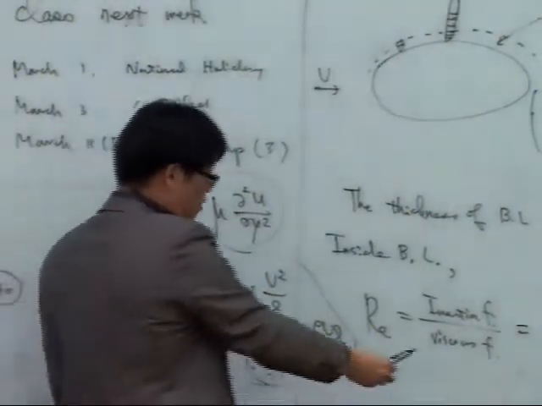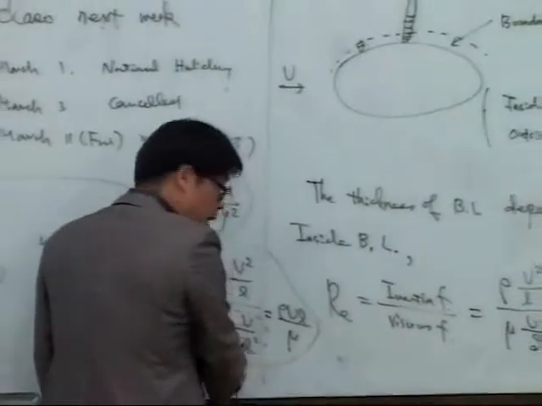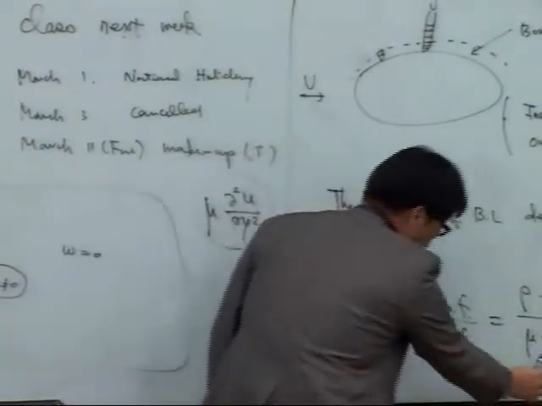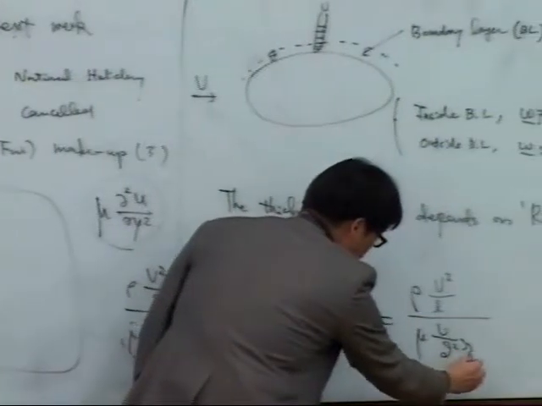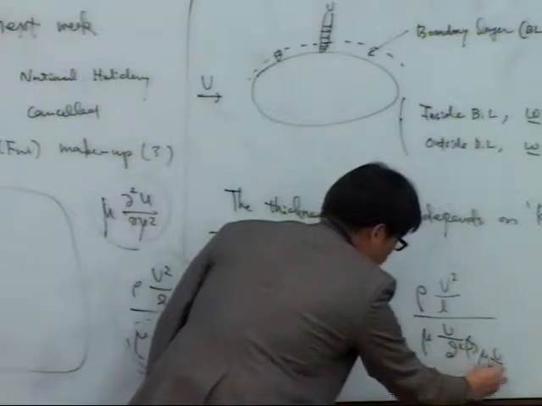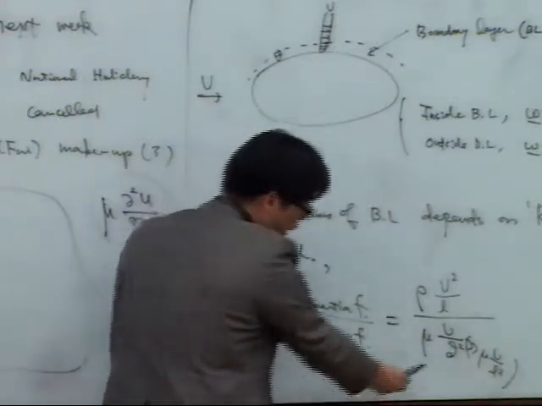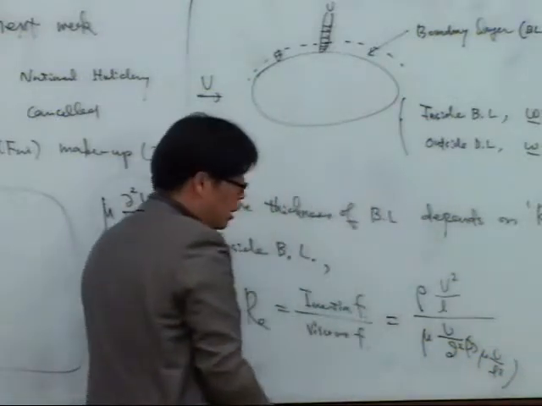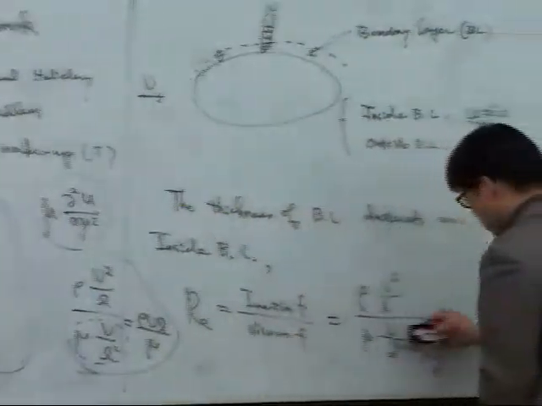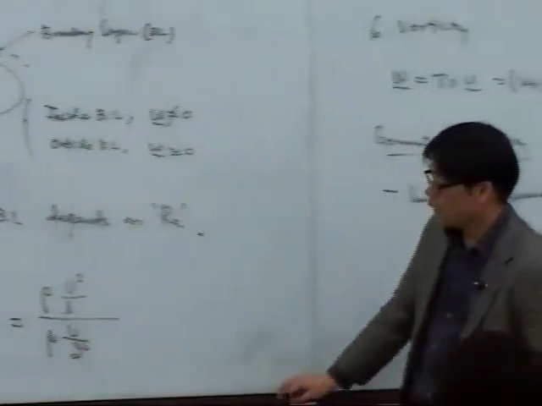So this term is much bigger than mu U over L squared for sure, because delta is smaller than L. This is the scaling for viscous force inside of boundary layer.